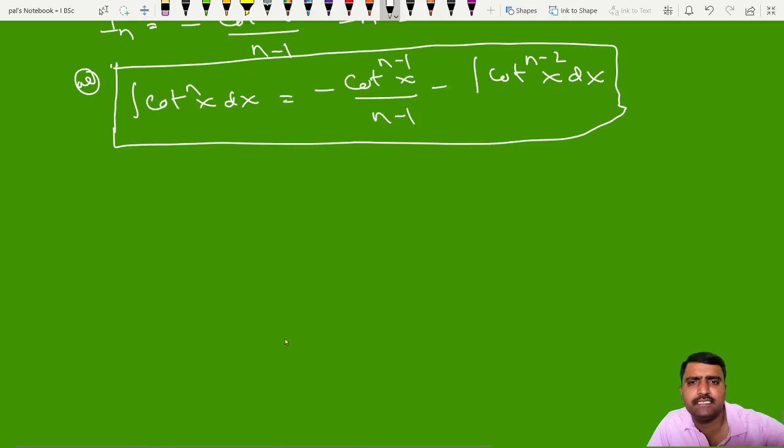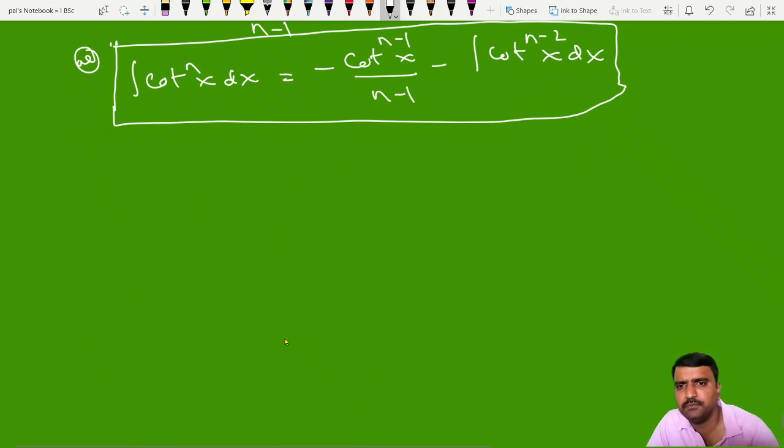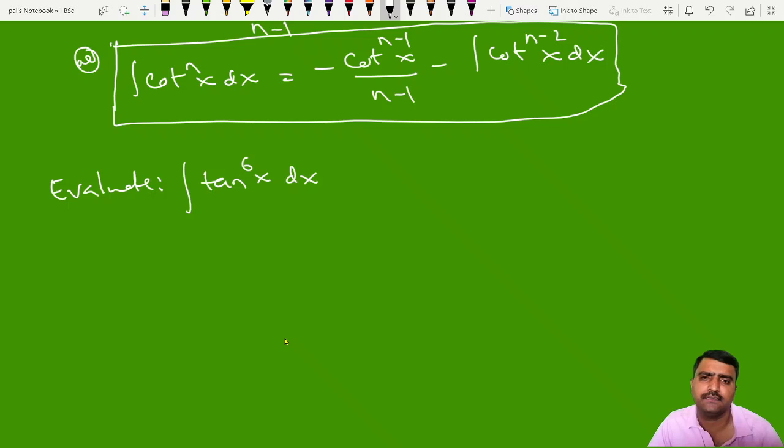By using this we can solve some problems like this. Evaluate integration of tan to the power 6x dx.